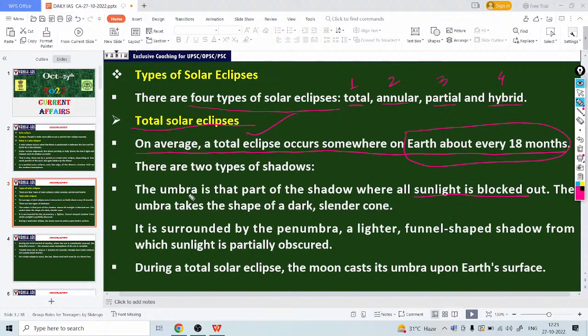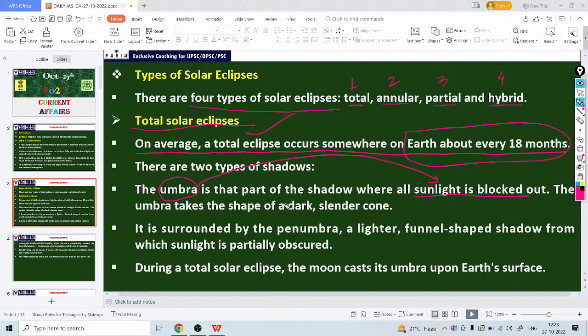That's called umbra. Sunlight is totally blocked. The umbra takes the shape of a dark cone. It is surrounded by the penumbra, a light funnel-shaped shadow from which sunlight is partially obscured.